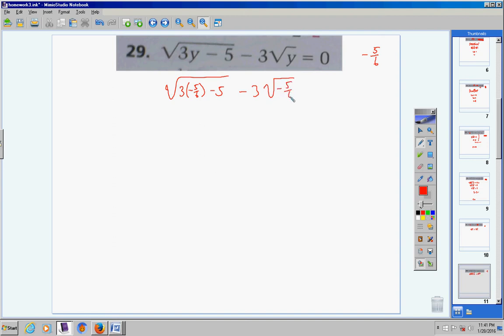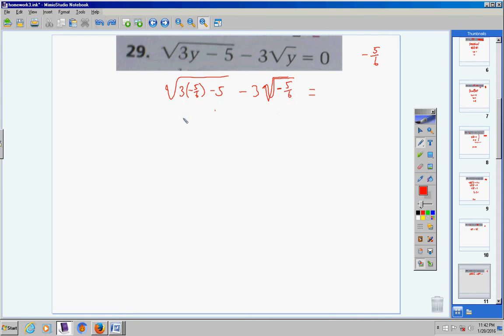Well, students, can you not see right now why it's no solution? We're done. We're finished. Look right here. You're taking the square root of what type of a number? Negative number. It can't be done. So there's no way this whole side over here is going to equal 0. It's impossible. It's undefined. Now let's see what this would be.